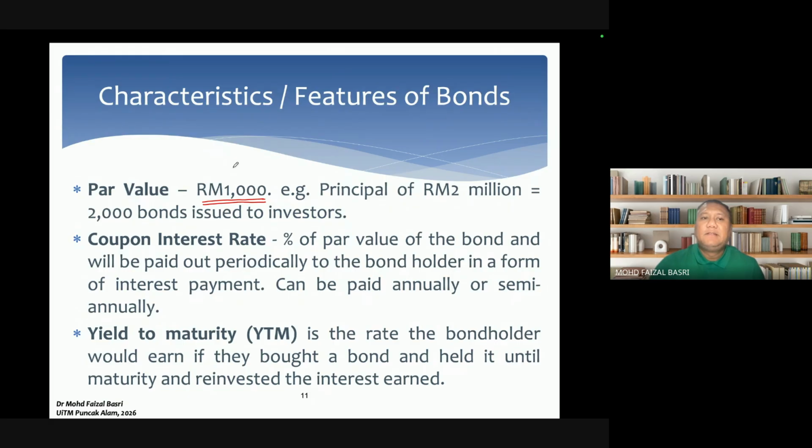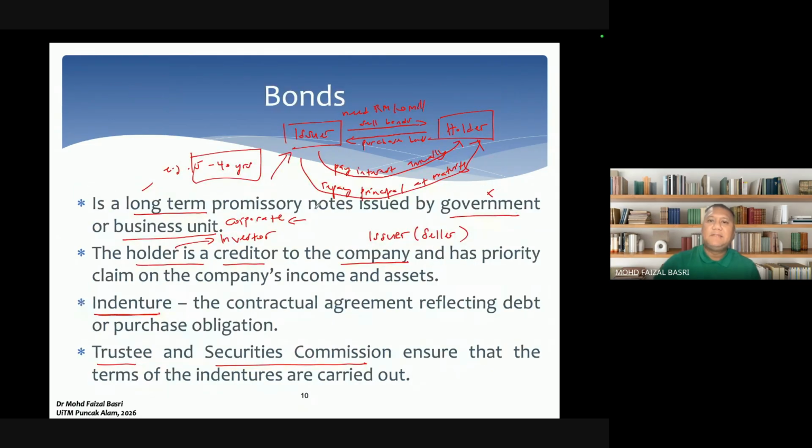And there are a few important points about par value. One, the par value of 1,000 will be used as our final amount, or final value, when it matures. Remember just now I went back here: the issuer repays the principal at maturity, so it will pay RM1,000 per unit to the holder.